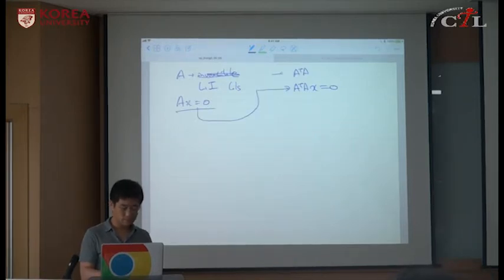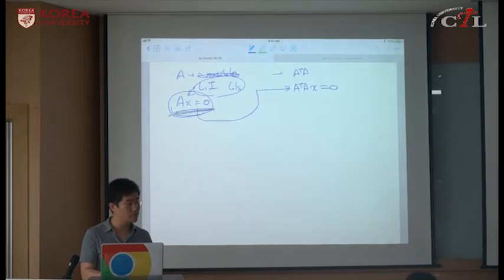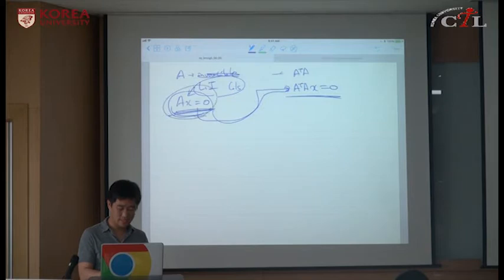If we have linearly independent columns, then it will have only the trivial solution, right? If we can show this guy also has only the trivial solution, then we can prove that this leads to this, and the trivial solution corresponds to this guy being invertible, right?